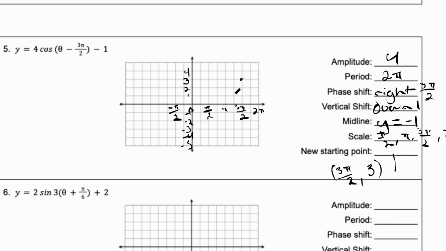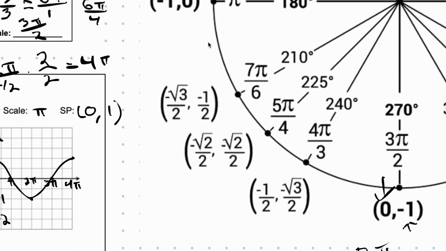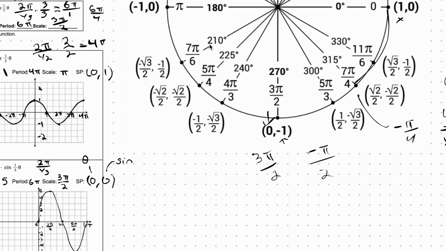So if we plug in pi, pi minus 3 pi over 2 is going to give us negative pi over 2. For some reason my brain lapsed. Cosine of negative pi over 2, if we think about that on our unit circle, it's going to give us 0.